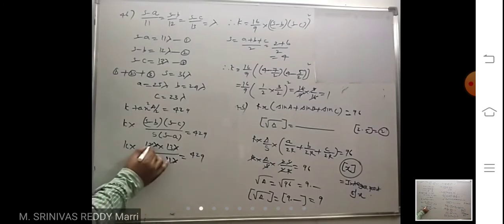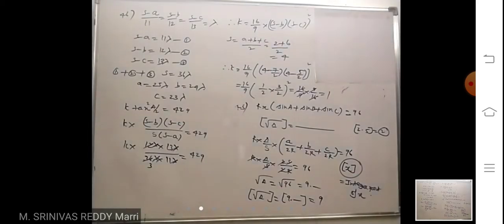Right? 12 ones, 12 threes. So you will get K equals 429 into 33 divided by 3 into 11 divided by 13, right?